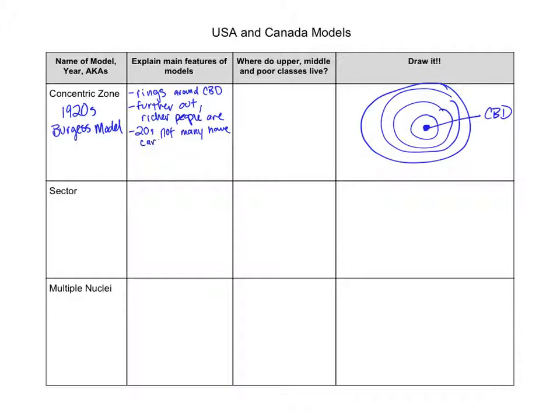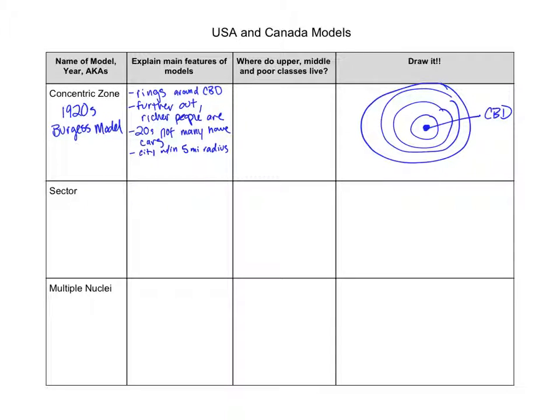Because of that, our city is still within a 5-mile radius. That means our cities are still pretty close together, because people don't have cars, so people aren't really spreading out yet. The suburbs aren't really a thing yet.